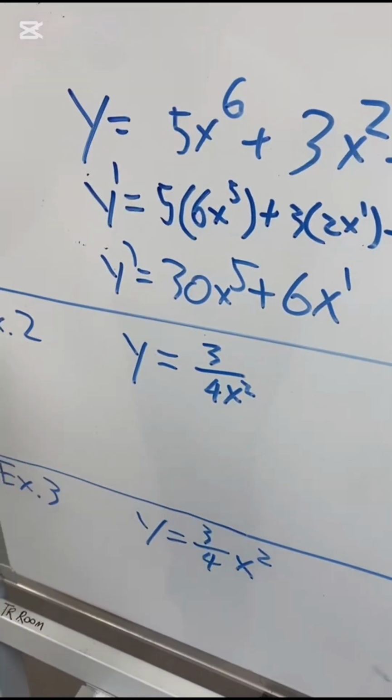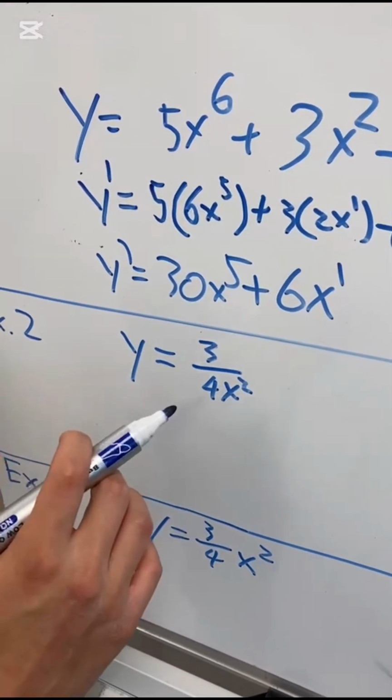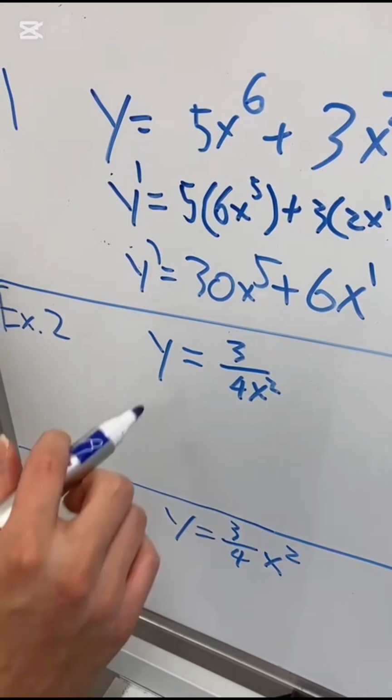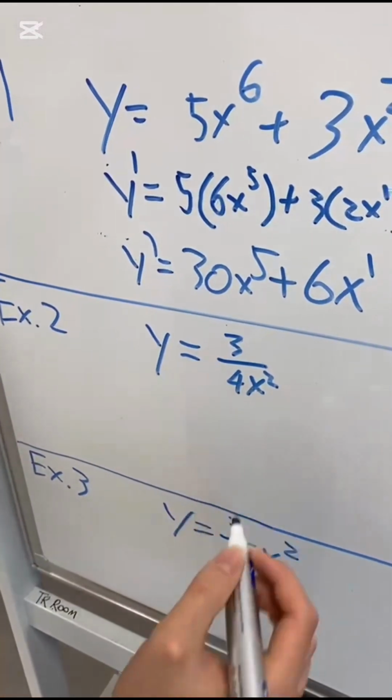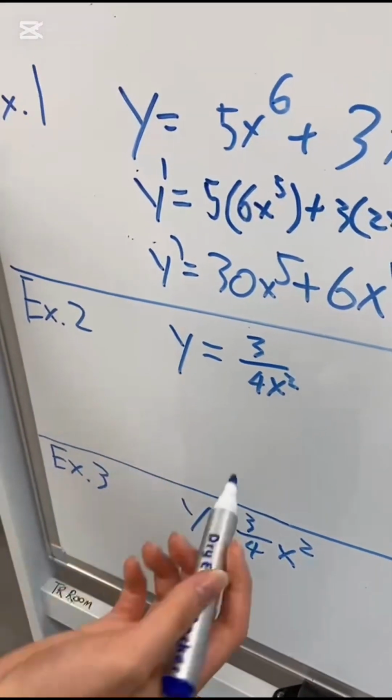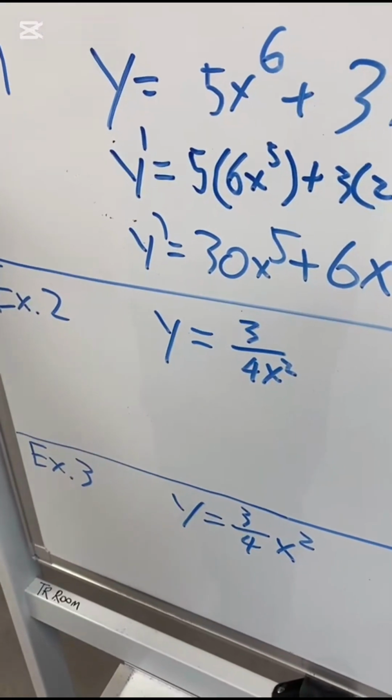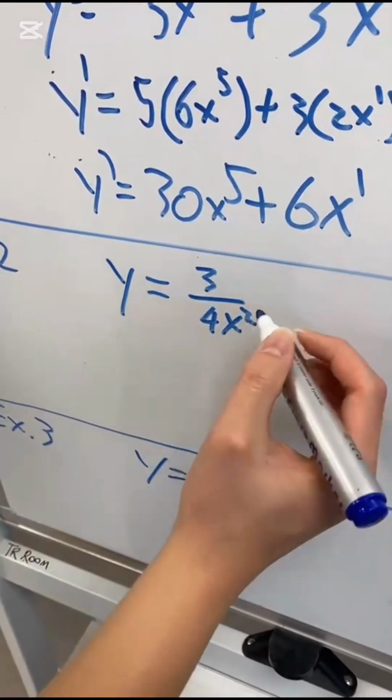Here, y is equal to 3 over 4x to the power of 2. This, however, you have to be careful with because the x is in the denominator, so it's easily messed up.